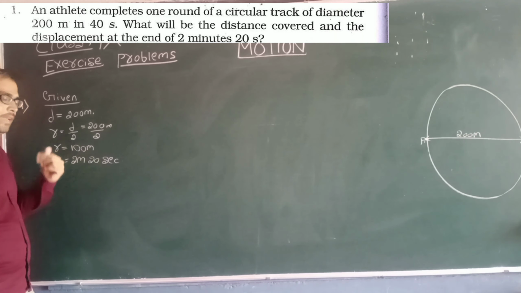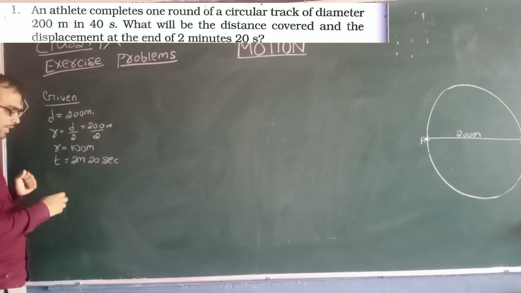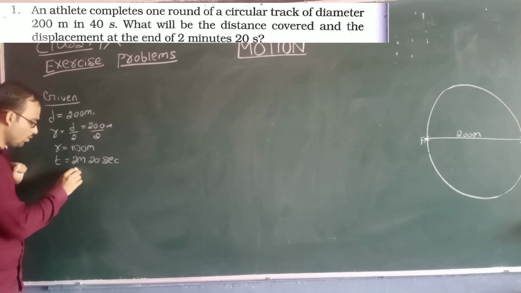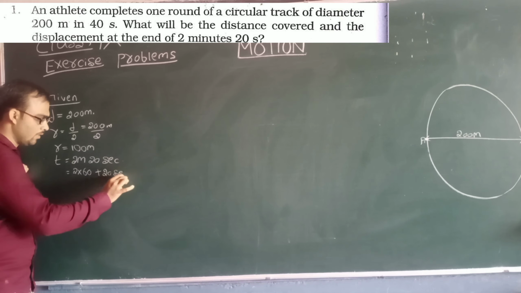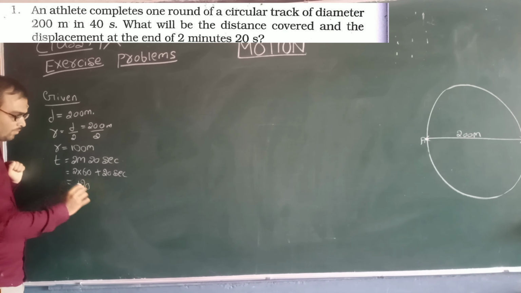Here we need to convert this time into seconds. 1 minute is equal to 60 seconds, so 2 minutes is equal to 2 into 60 plus 20 seconds, that is 120 plus 20.